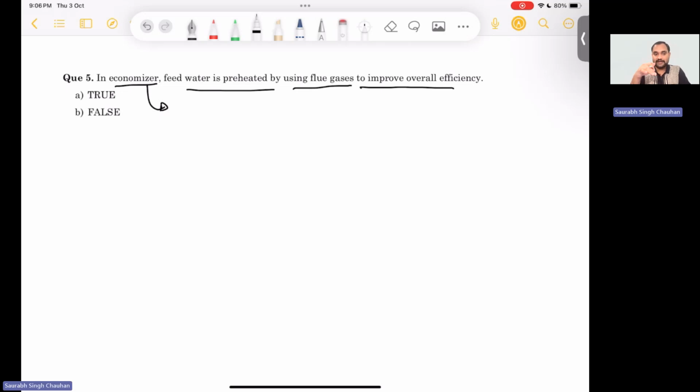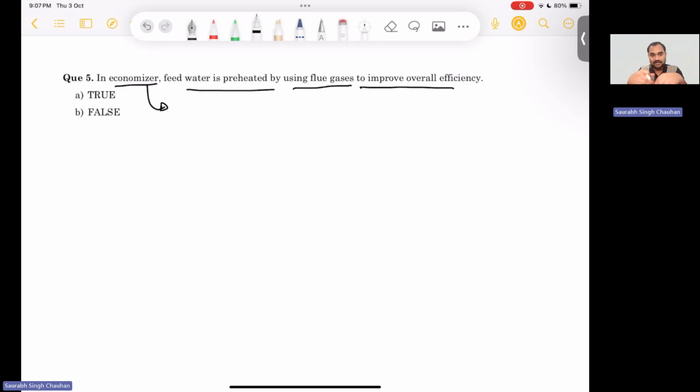It is mounted at the top part of a boiler. The purpose of the economizer is to use the heat of flue gases, because you will anyway throw flue gases into the environment, right?